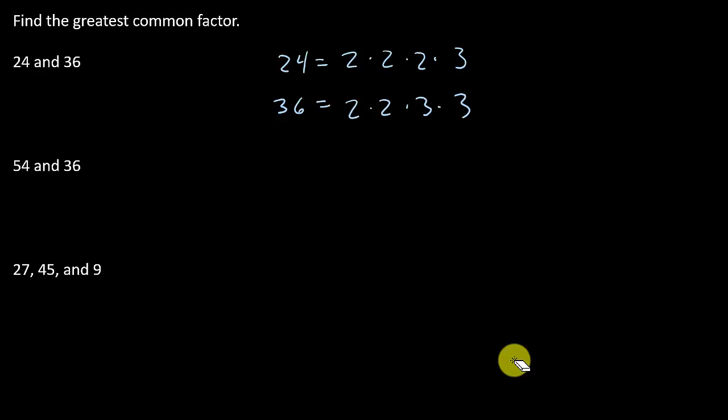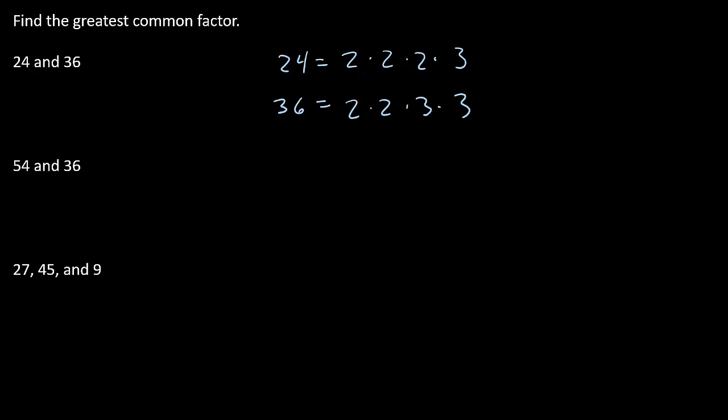Now, to find the greatest common factor, you look at each different factor. The different factors we have are 2's and 3's.